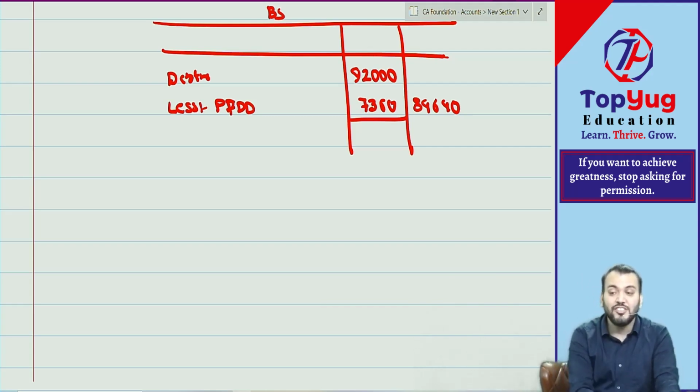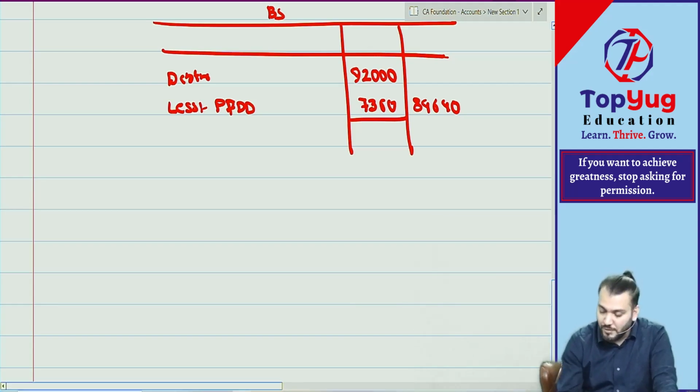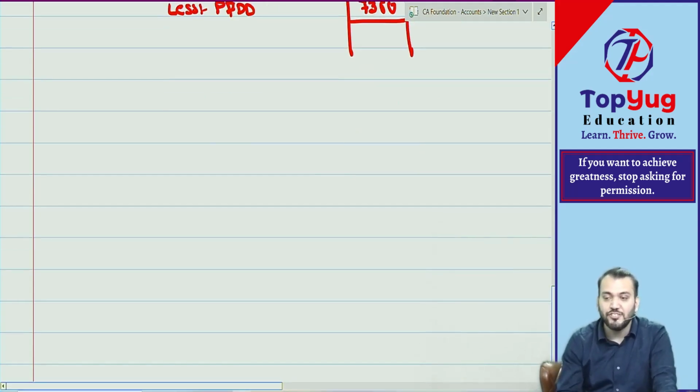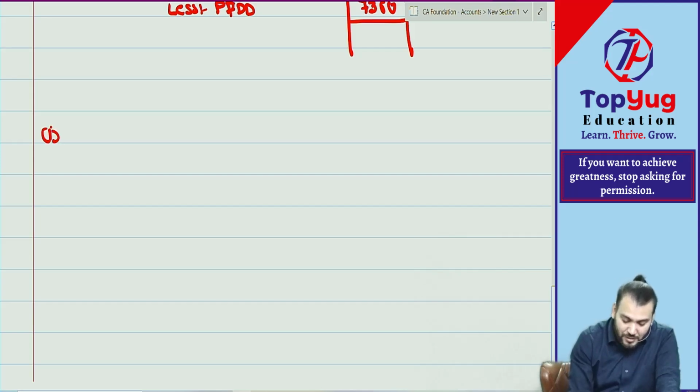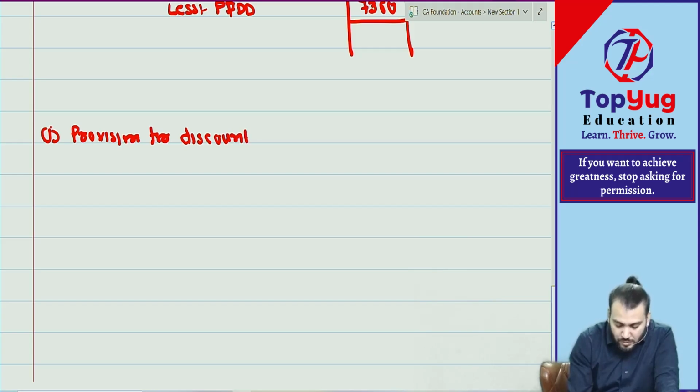What was the last adjustment number? Provision for doubtful debt, what was the adjustment number? H completed. What after H? I. Read on I. Read on provision for discount on debtor.